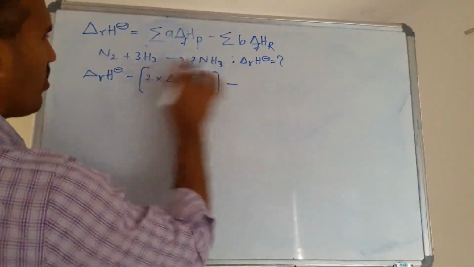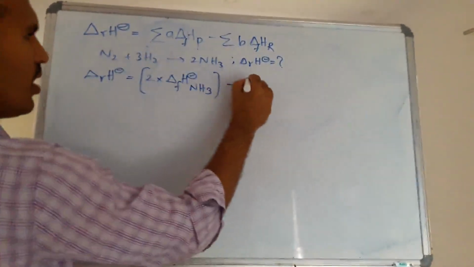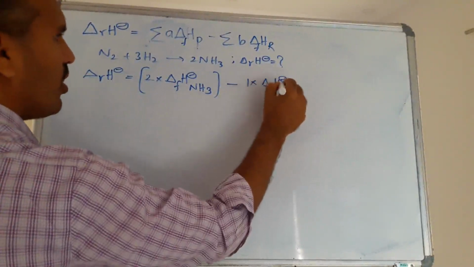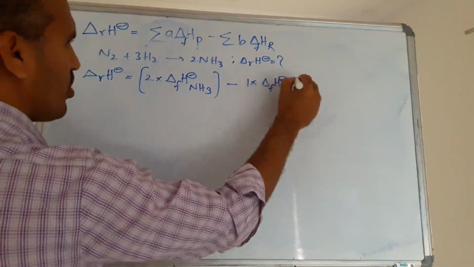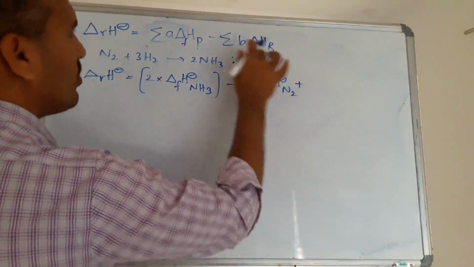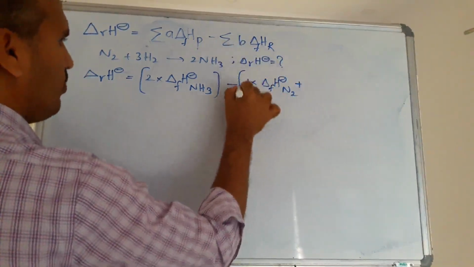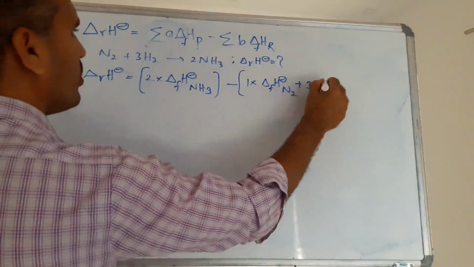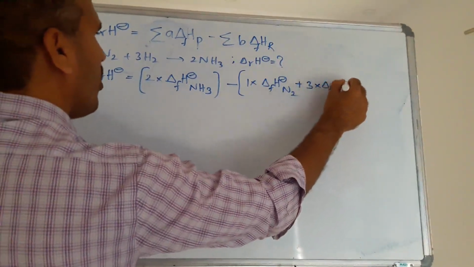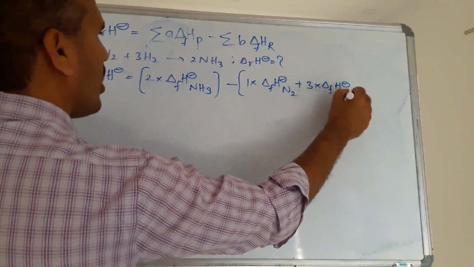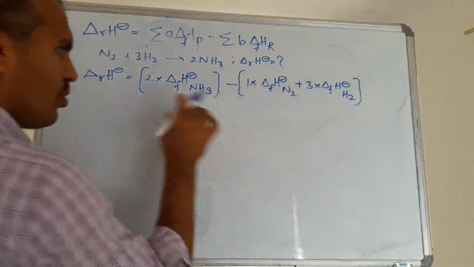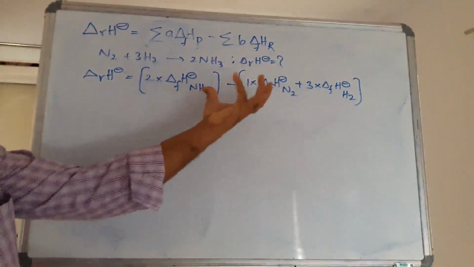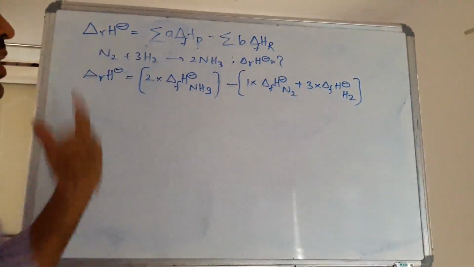There are 2 reactants. The stoichiometric coefficient is 1, so 1 times the enthalpy of formation of N2, nitrogen gas, plus, since summation means plus, 3 moles of H2 times the enthalpy of formation of hydrogen. These values are given in a table in your textbook. Use those values, and you will get the answer.